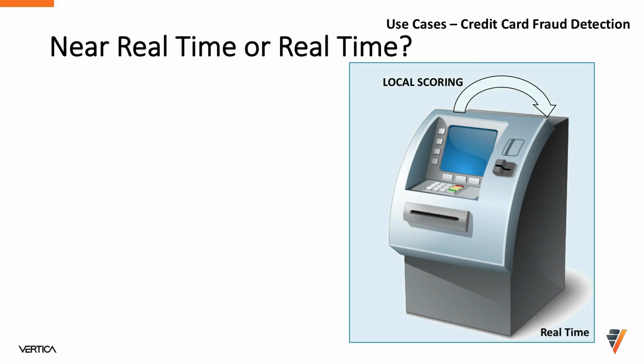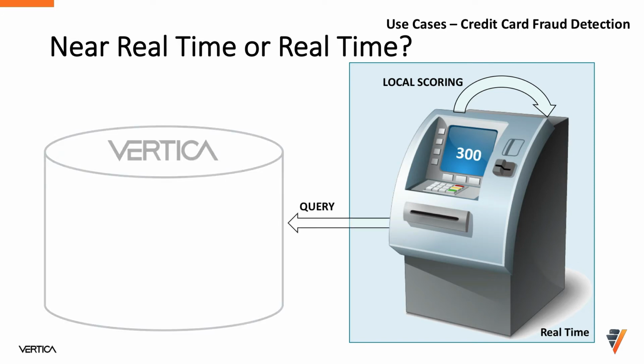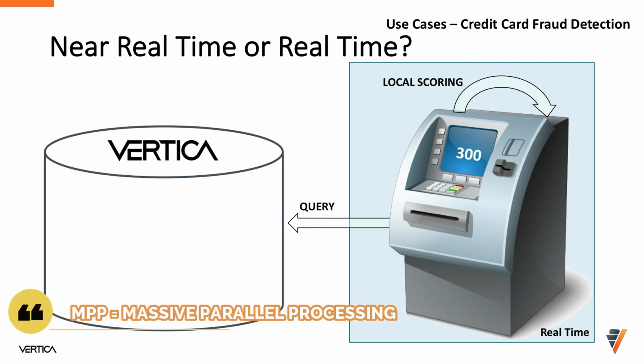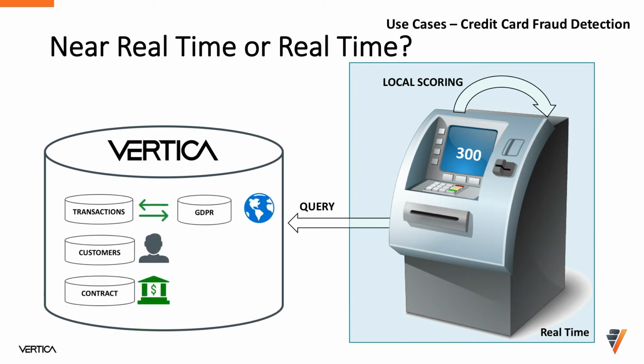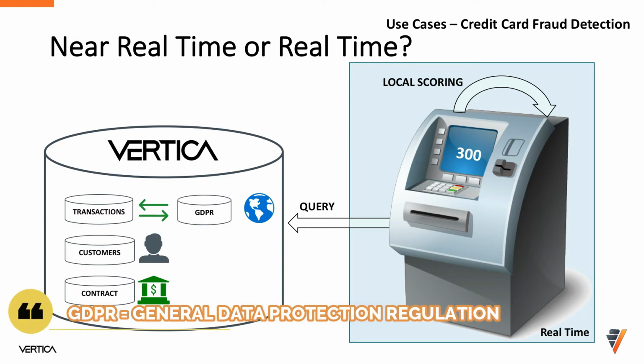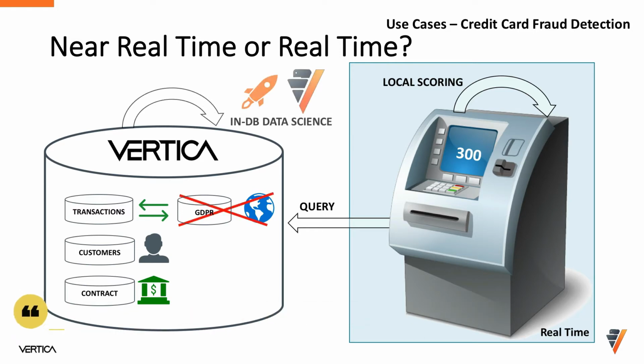However, if the amount seems to be reasonable, the machine can query the database. It can be an MPP columnar database like Vertica, where all the data are well organized. We can manage the data following GDPR rules, and use in-database machine learning and analytics to do the scoring and compute all the predictions.